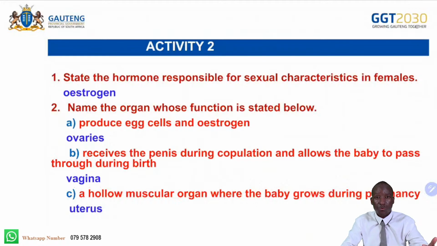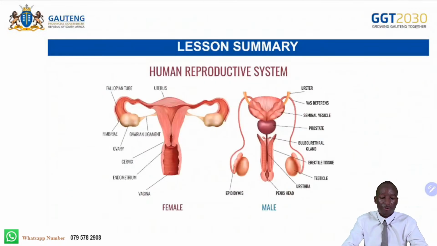That's where the baby grows during pregnancy until birth. So that's our activity. Write down the questions for those of us who did not do well in this activity, and for those who did very well by completing all those questions with correct answers, keep it up.